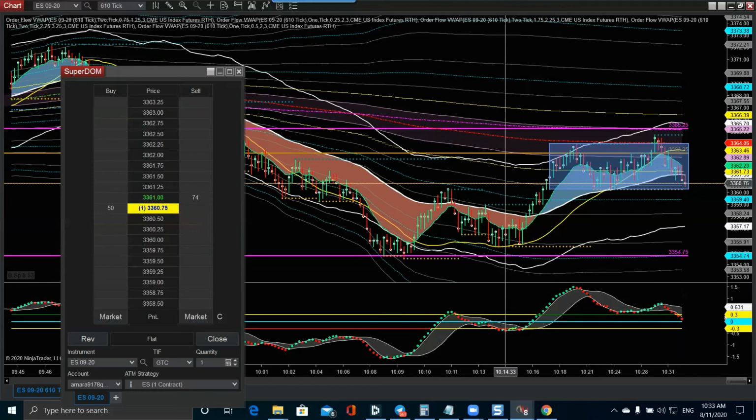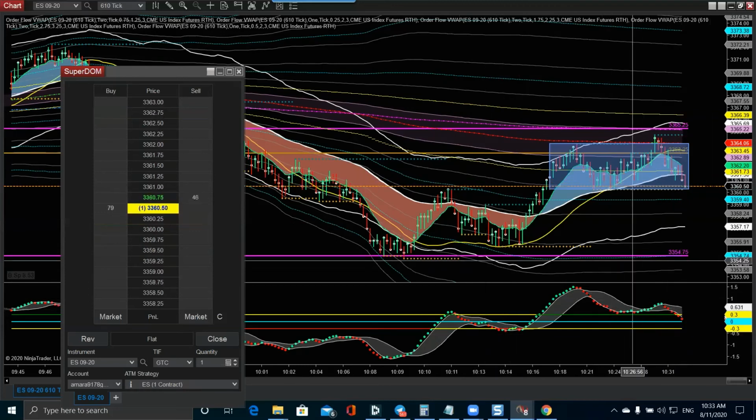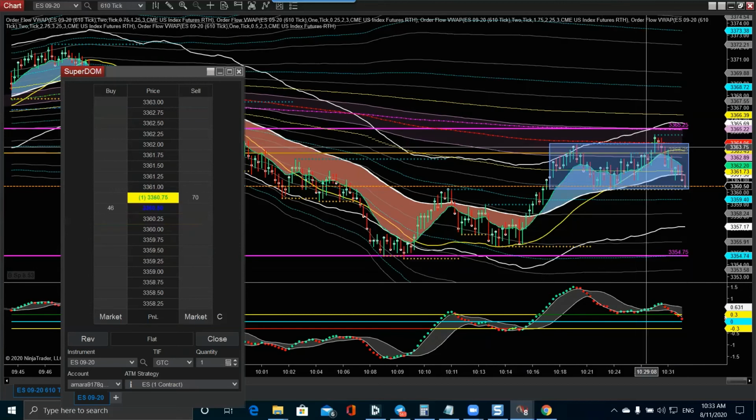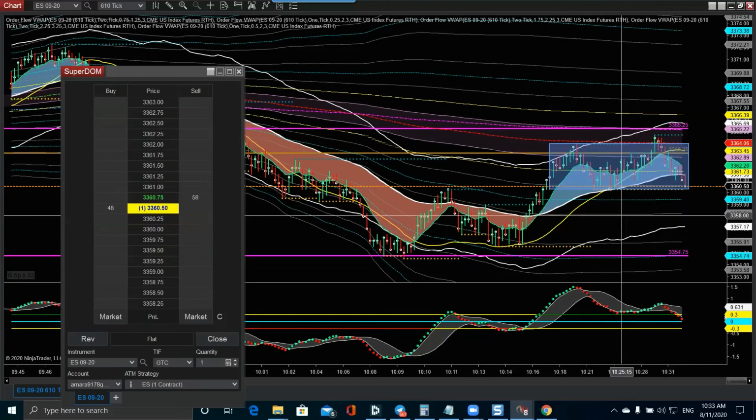I don't mind risking that, 5 ticks. Now, as you can see, like I said, we're bouncing off that VWAP.